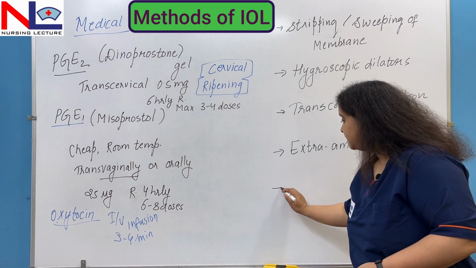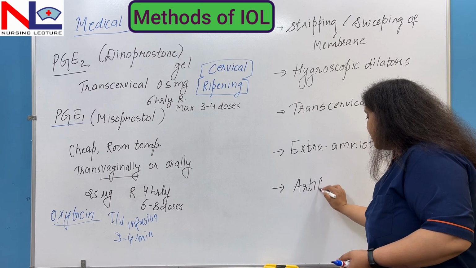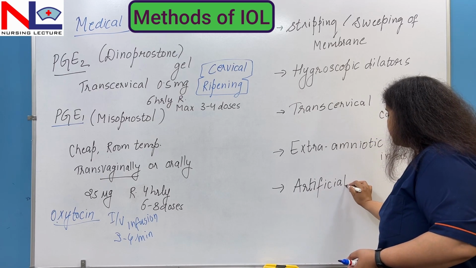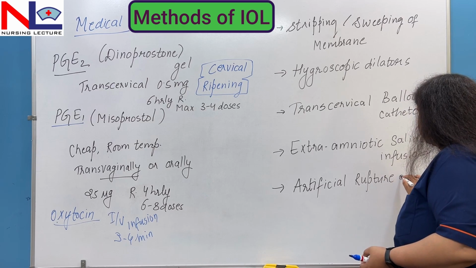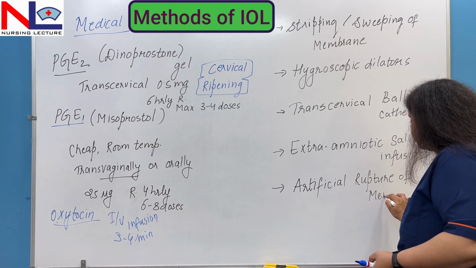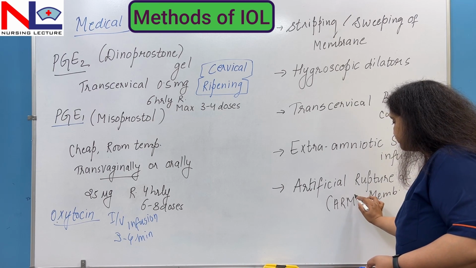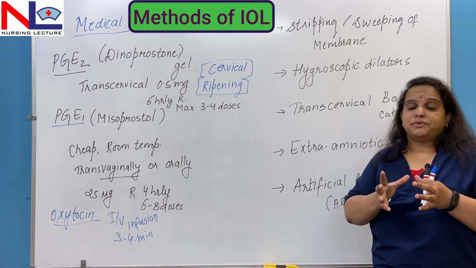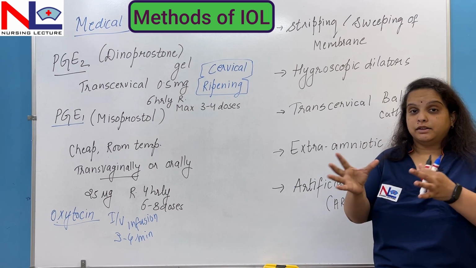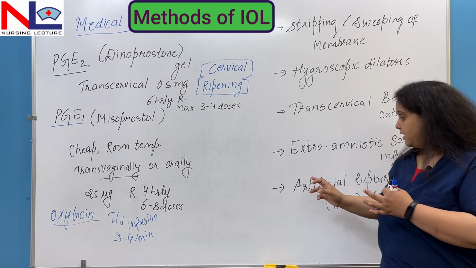Other than that, we can perform artificial rupture of membrane, that is ARM. As we know, the membrane ruptures spontaneously near term or once the onset of labor begins.